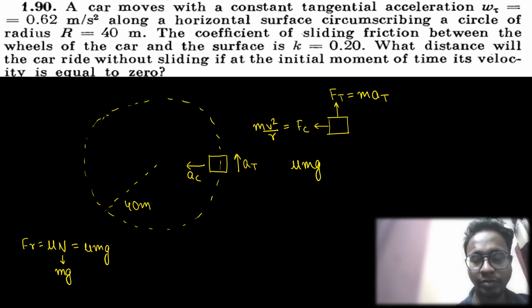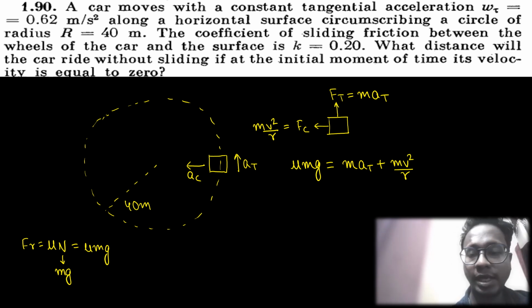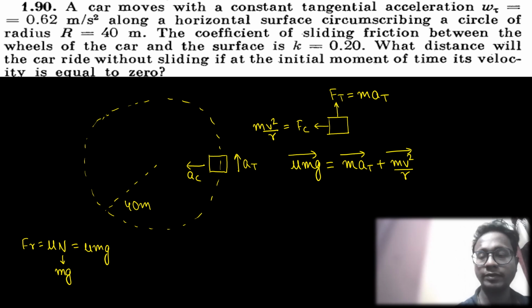No, which is equal to tangential force plus centripetal force. Okay, and these forces are always a vector quantity. See, forces are always a vector quantity. Now, the interesting thing about this is the tangential force and the centripetal force are always perpendicular to each other. Okay, at every point in the circle.